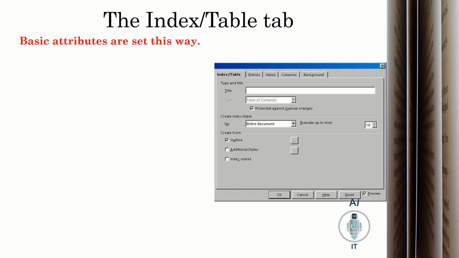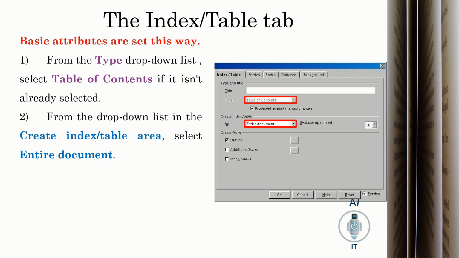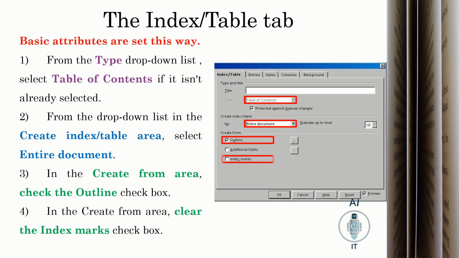This is the Index Table tab. The basic attributes are set this way. From the Type drop-down list, Table of Contents is pre-selected. Otherwise, we will have to ensure that it is selected. Next, in Create Index or Table, you have to ensure that Entire document is selected. In the Create From area, Outline is checked and Index marks is not checked.